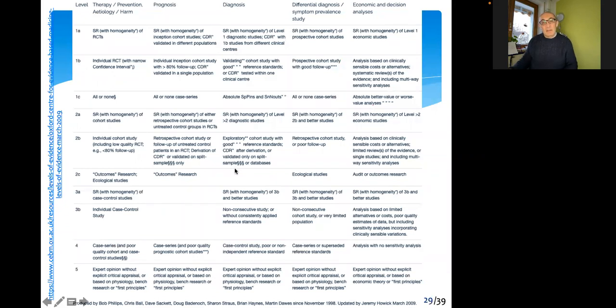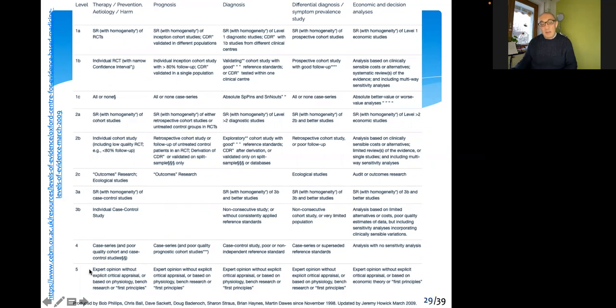The evidence levels are categorized, and this is the most commonly used categorization provided by the Center of Evidence-Based Medicine, as 1A, 1B, 1C, 2A, 2B, 2C.